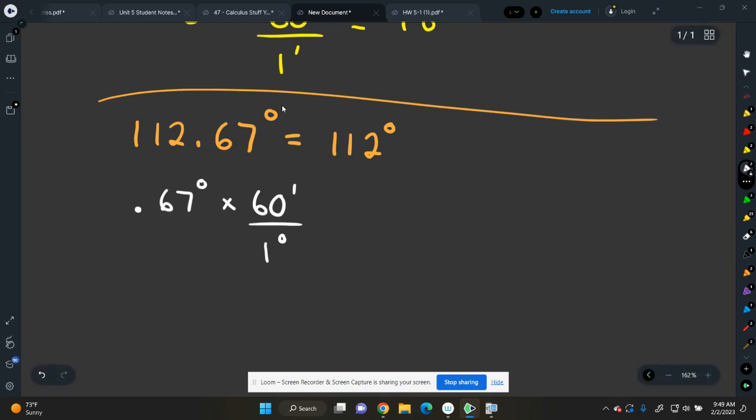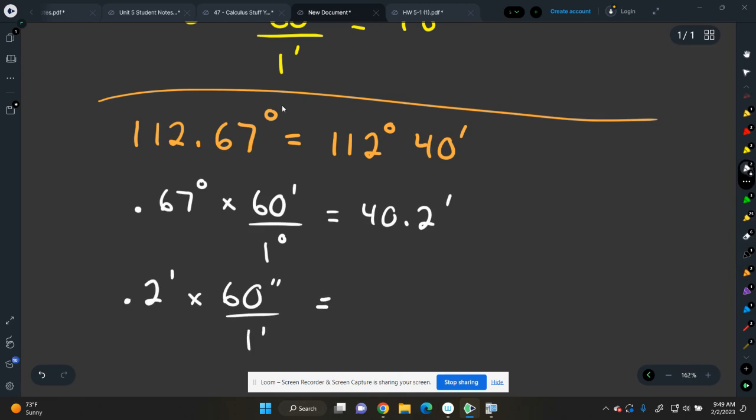And we get 40.2 minutes. So what's that mean? Good. So we're going to put the 40 minutes up here. And now we're going to take the 0.2 minutes and multiply that by 60 seconds over 1 minute. And we get 12 seconds. Okay?